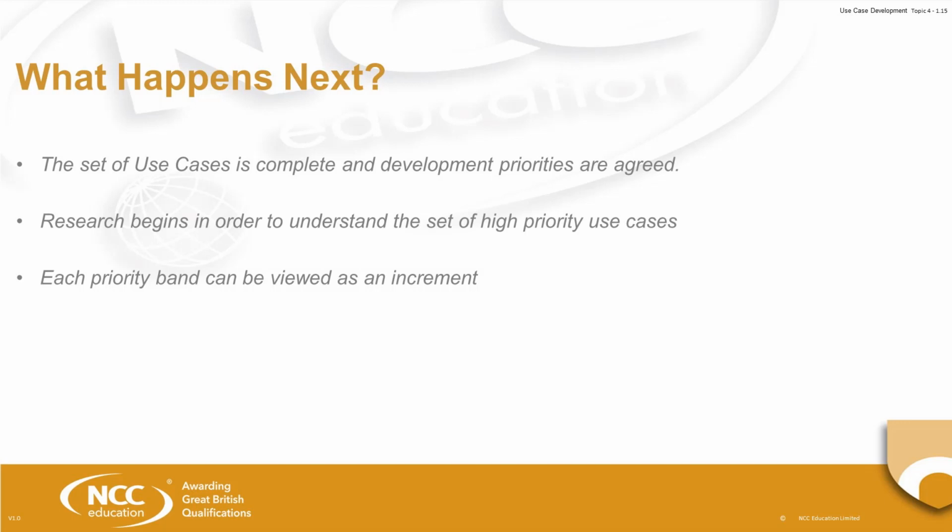So I would suggest that you limit the priority 1 use cases to the absolute essential functionality, and then include any other functionality you think you should develop as a level 2 priority, and then you can go back and redevelop your system using the level 1 first and then the level 2 priority use cases.